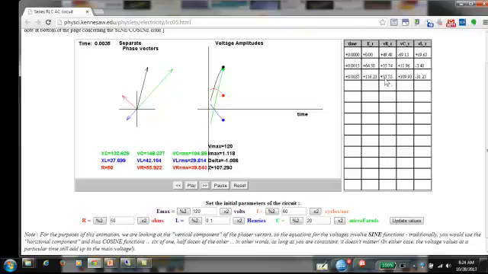So when you add these three up, VR, VC, and VL, you should be able to get the 116. That's the voltage across the generator, the overall voltage.